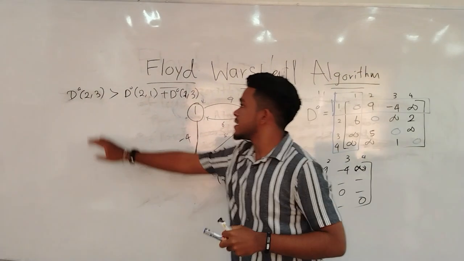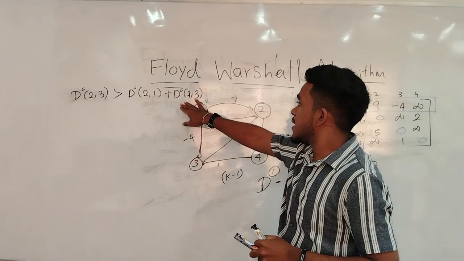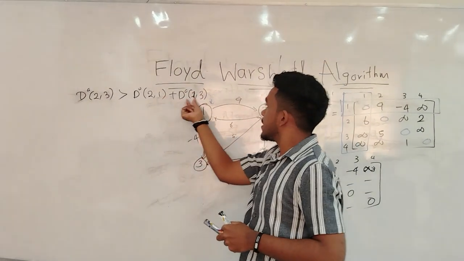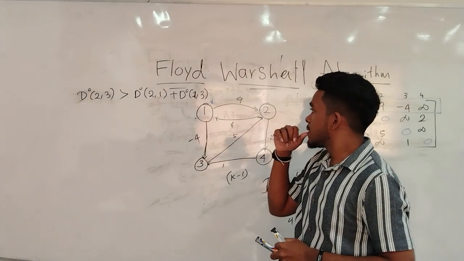So we are using the base matrix and as intermediary we use 1.